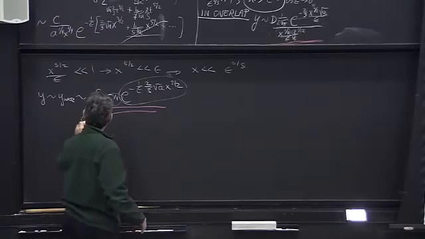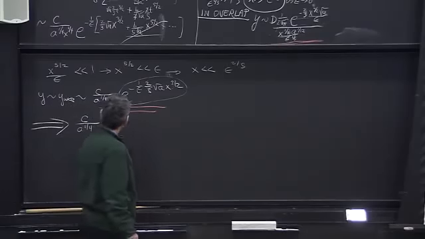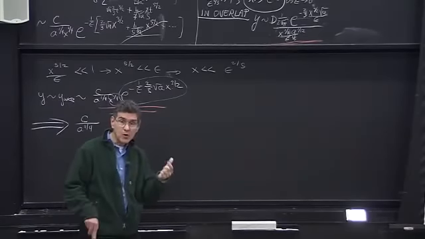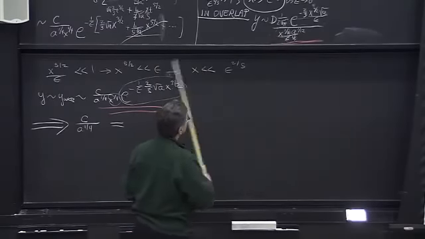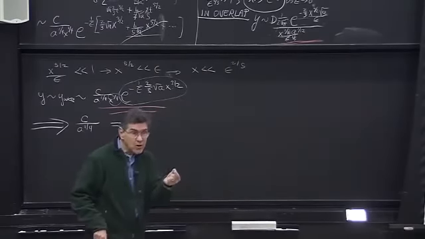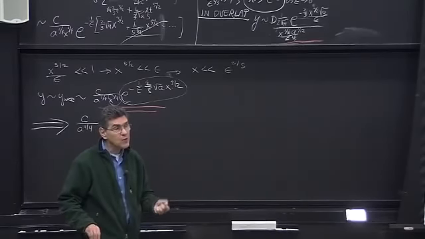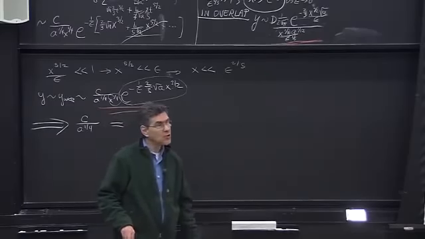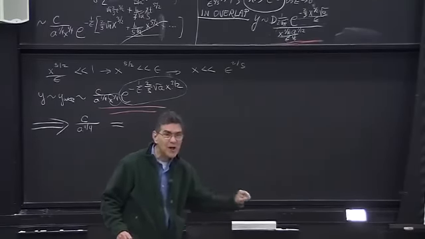And that means that c over a to the 1/4 must be equal to. Now you notice this is an asymptotic relation. But the only way this guy could be asymptotic to this guy is that the ratio be 1. And the only way for the ratio to be 1 is for the multiplicative constants to be equal. So from an asymptotic approximation, I am deducing an equality.